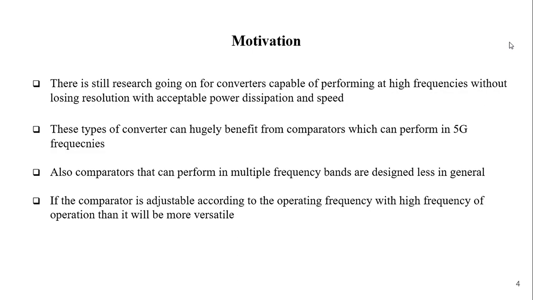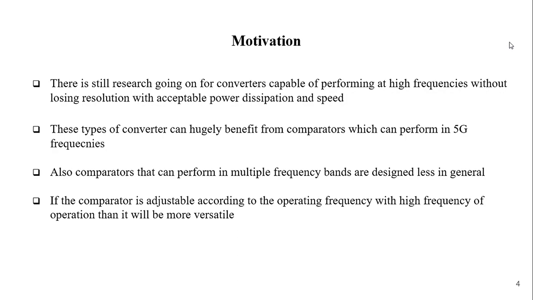Motivation. In motivation, why we took up this project is that there are many types of analog to digital converters which use different types of comparators. These comparators are all designed to perform according to the needs of the ADC. Generally these types of converters are high speed, but they are not as fast as reaching levels of 10 gigahertz, 12 gigahertz of frequencies.